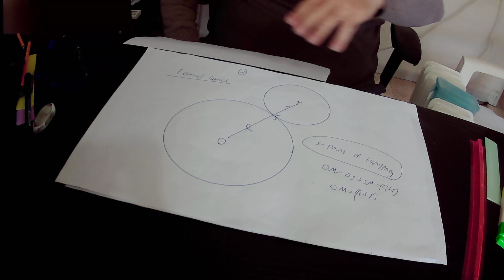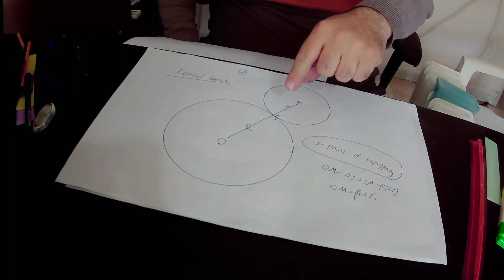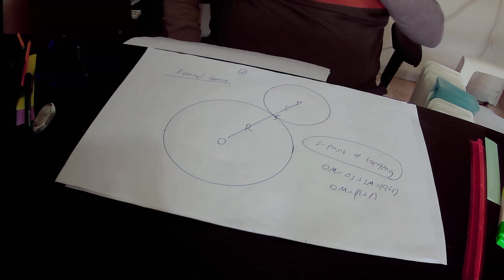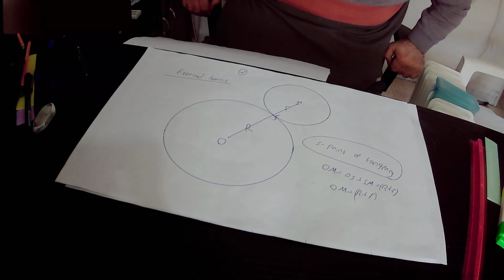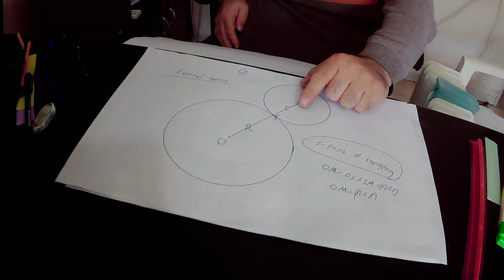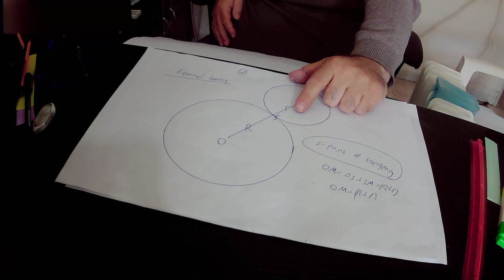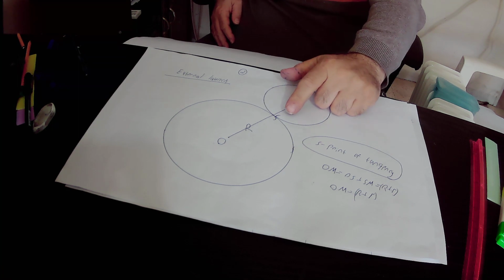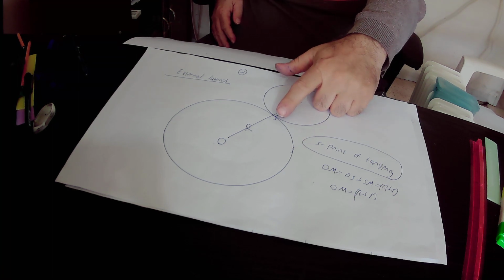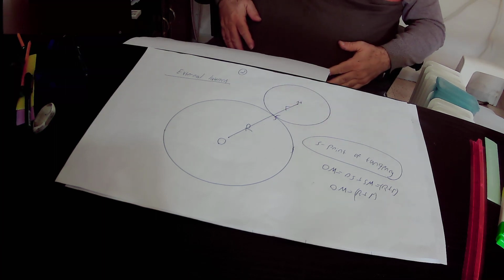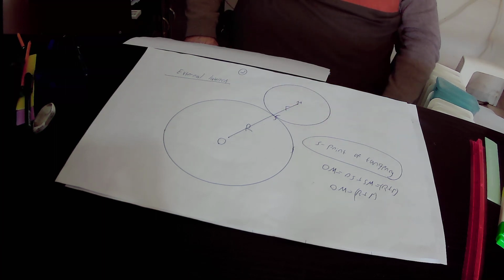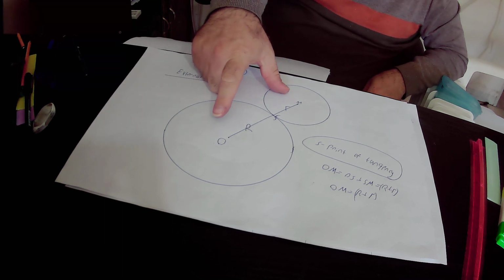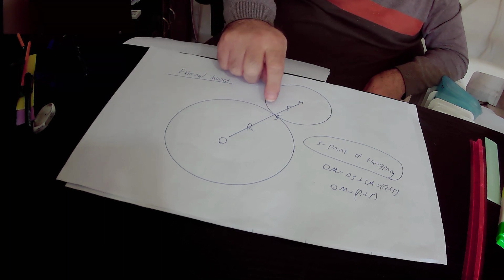The external tangency is when the two circles are touching each other externally. Here the two circles are touching each other externally at point S. S is the point of tangency between those two circles. They are touching each other at point S, and the distance between their centers, that is to say OM, is equal to capital R plus small r.